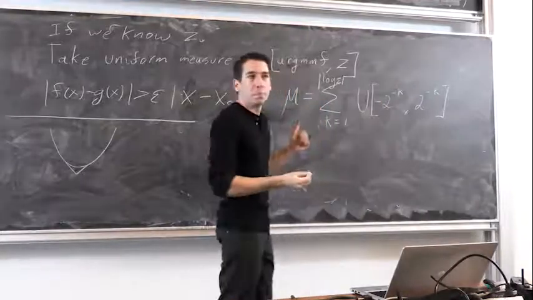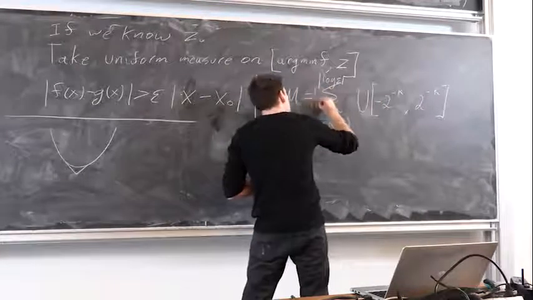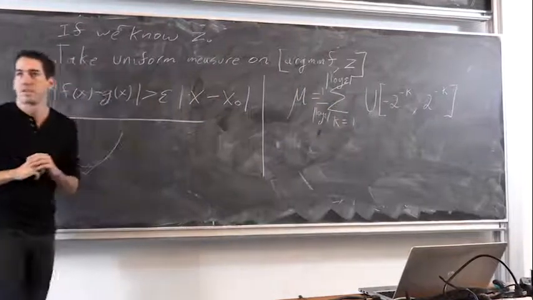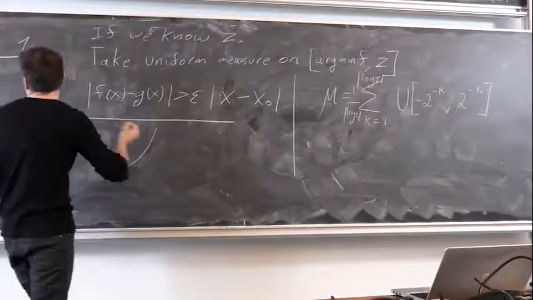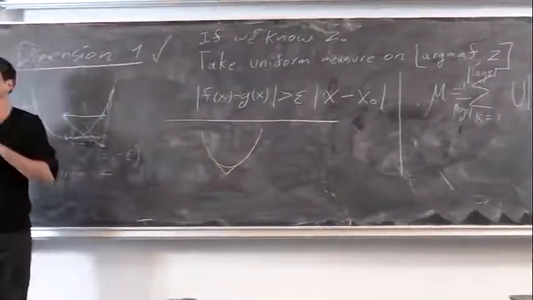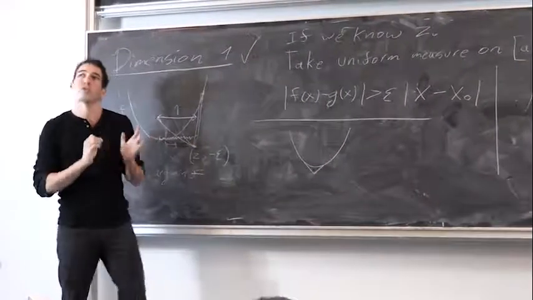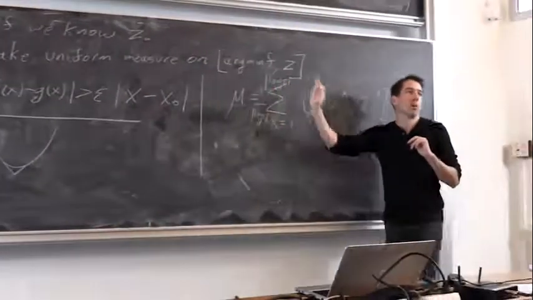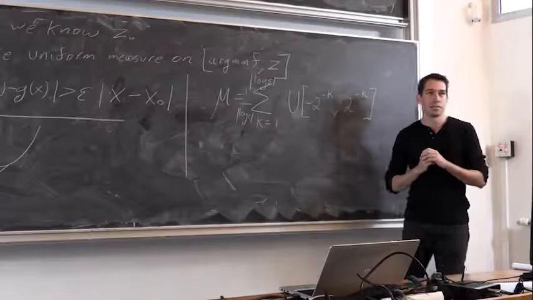So this is not a probability measure, but if I divide by log epsilon, then we're fine. Okay, so this finishes the one-dimensional case. It already shows us that we definitely need some kind of multi-scale thing to do.